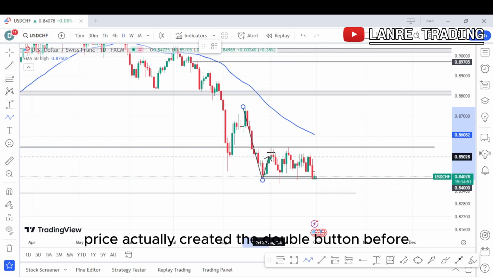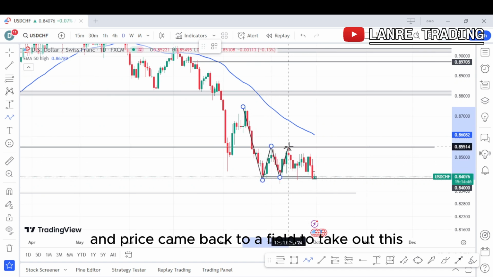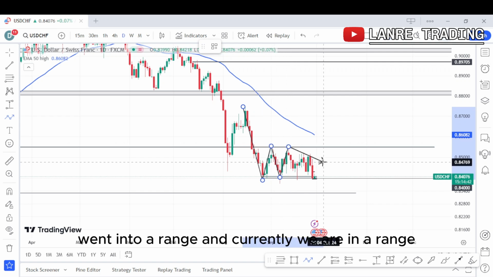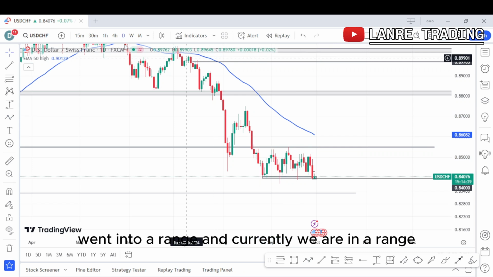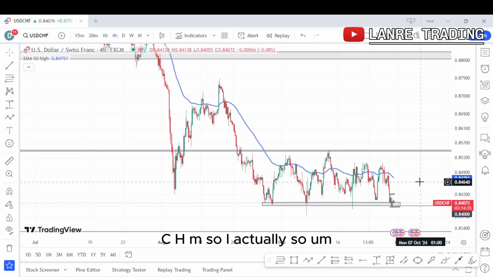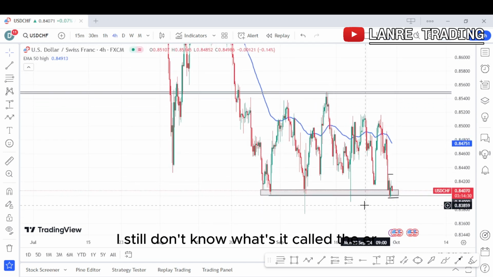Price created a double bottom before going into a range, came back there, failed to take out this neckline right about here, and went into a range, and currently we are in a range in the USDCHF. So I scaled down to the 4 hours time frame.